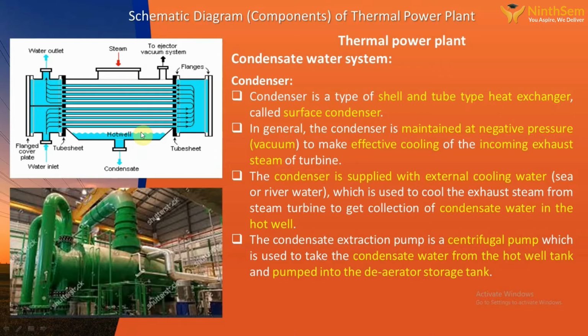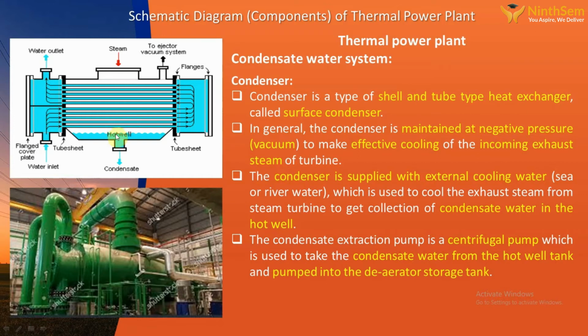Effective cooling will take place when you reduce the pressure of the area. The condenser is supplied with external cooling water through the tubes, either sea water or river water, which is used to cool the exhaust steam from the steam turbine, to collect the condensate water in the hot well. We call the bottom storage tank the hot well.